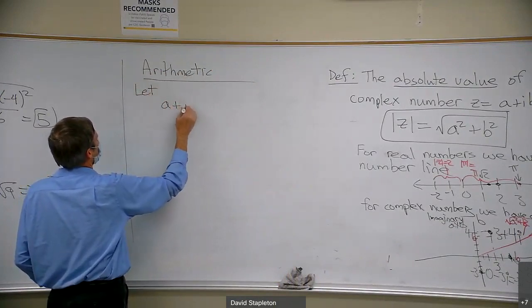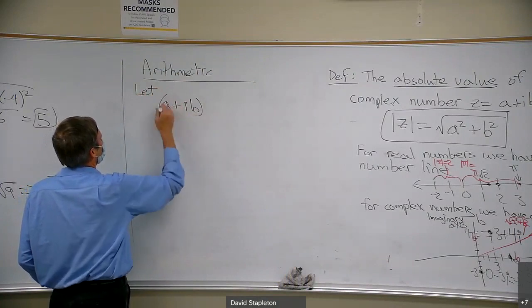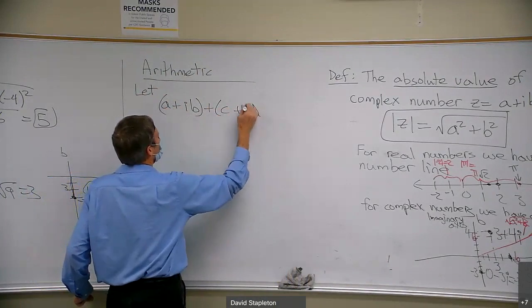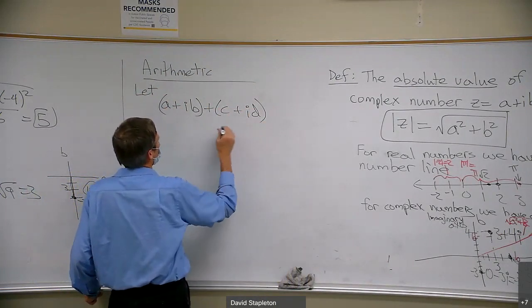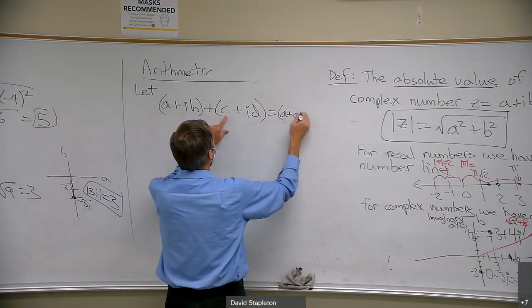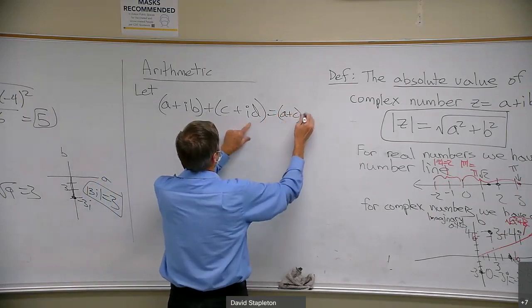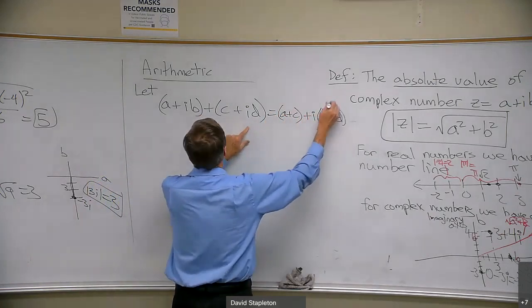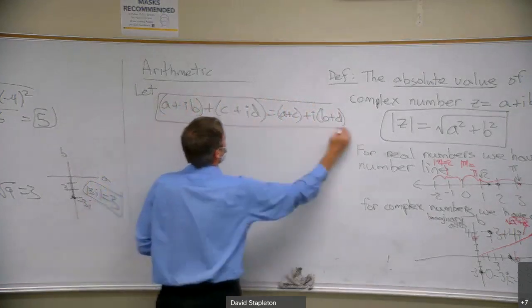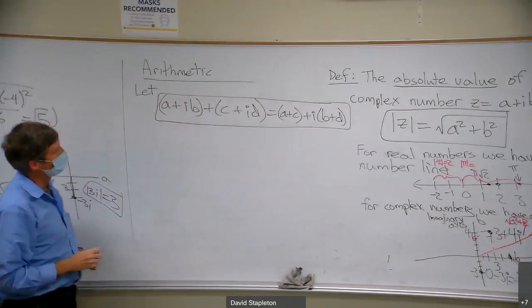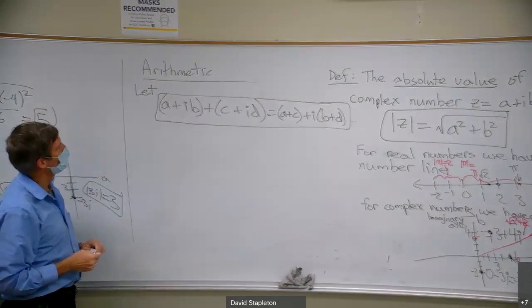If I take a complex number a plus ib, and I add it to another complex number c plus id, let's say the result is: add the real parts a and c, and add the imaginary parts b and d, times i. So we'll just make that a definition for addition. Easiest thing we can think of.